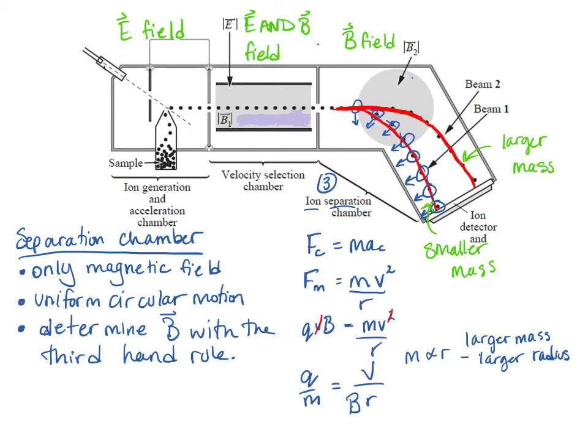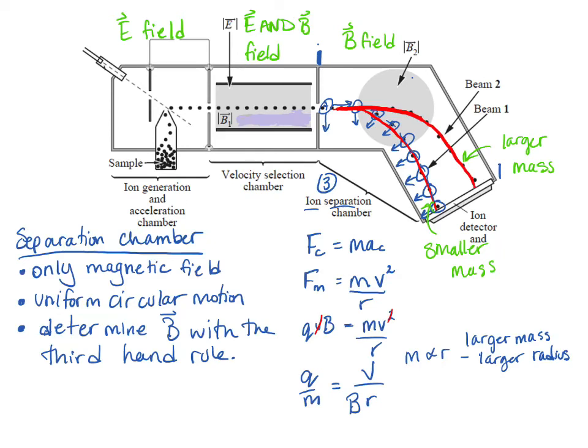One more note I have for you here is that we can figure out the direction of the magnetic field in this third chamber here, because as we can see, we have our positively charged particle going to the right. And then we know that the force on it is going south or to the bottom of the page.